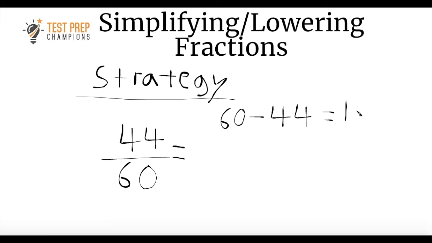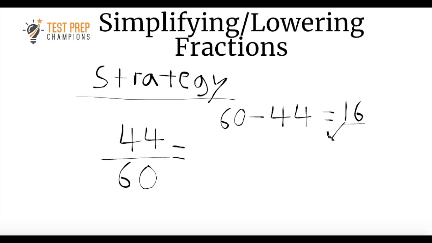The next step is to divide 44 by 16 and 60 by 16 and see if they go evenly. If I do 44 divided by 16 in my calculator, I get a weird number, 2.75, so I know that 16 is not the greatest common factor.